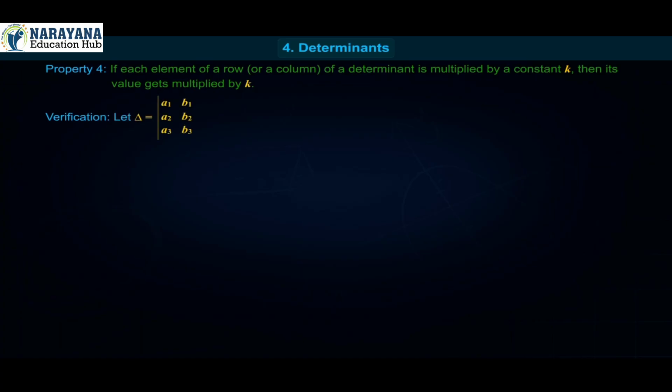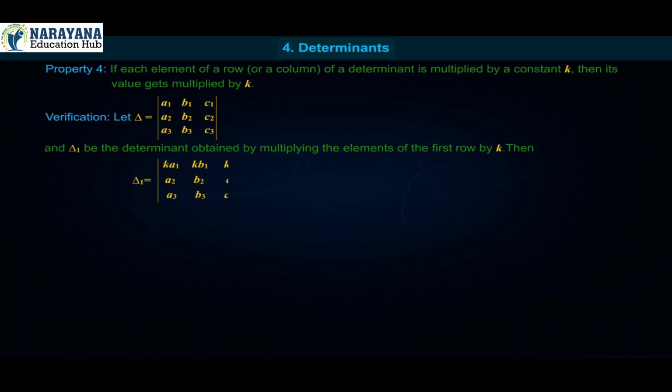Let delta be the determinant a1, b1, c1, a2, b2, c2, a3, b3, c3, and delta 1 be the determinant obtained by multiplying the elements of the first row by k. Then delta 1 is equal to determinant ka1, kb1, kc1, a2, b2, c2, a3, b3, c3.